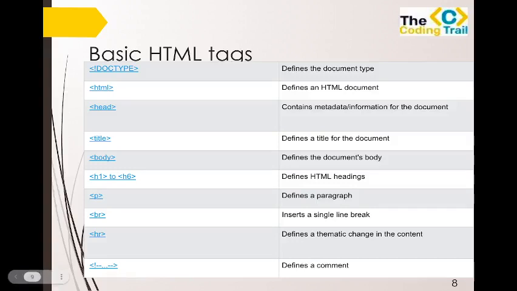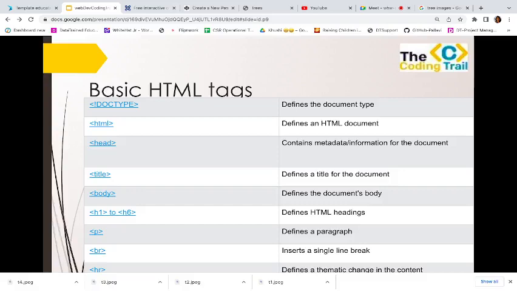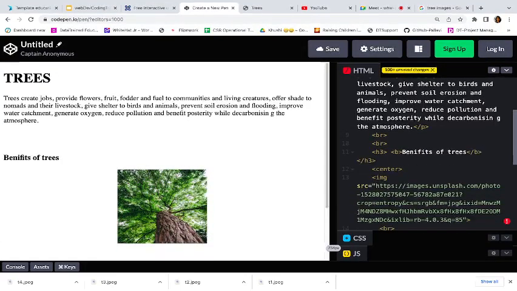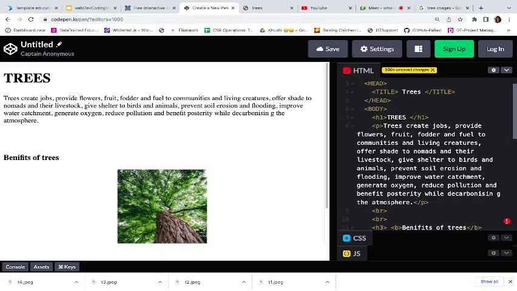Okay, here, what is this? See, sometimes it happens that we need to put some comments in our code. What are these comments for? Let's say I have created this code, I have written down this code, but later on, if I pass on this code to you, what will happen? It is possible that you don't remember what this P tag is for. So I can give a comment over here.